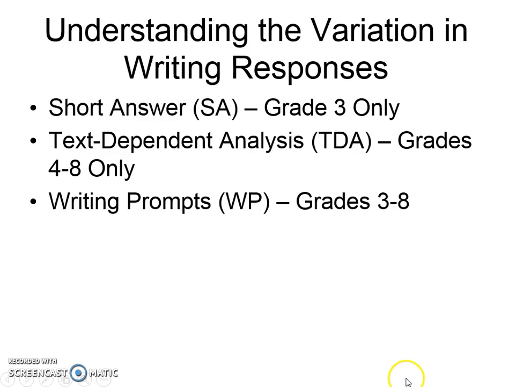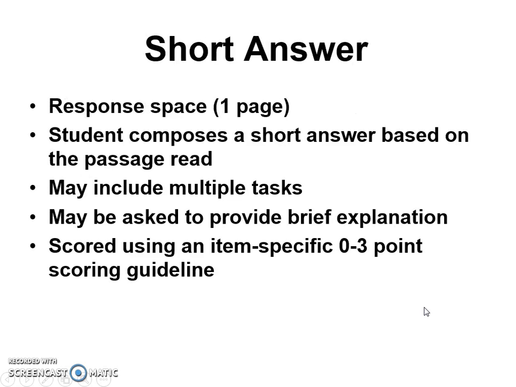Here you can see the breakout, short answer and text-dependent analysis. Typically the short answer is 1 page, and it may include multiple steps, but students are typically providing some type of brief explanation and being scored on a 0 to 3 point scoring guide.